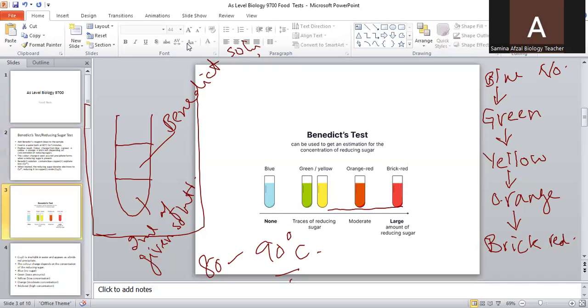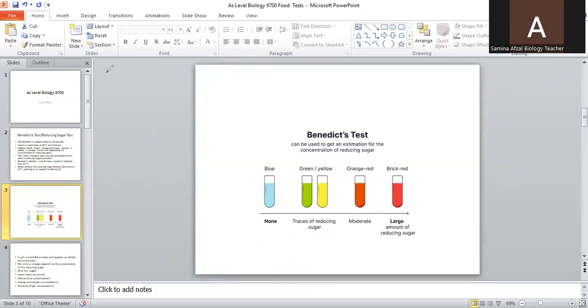Now, in the next slide, you are able to see the different color changes which occur during this whole process. That is the blue color. If blue color is there, it means there is no reducing sugar present. But from green to yellow, it shows that traces of reducing sugar are present. The color shows the different concentrations of reducing sugar present in that solution.